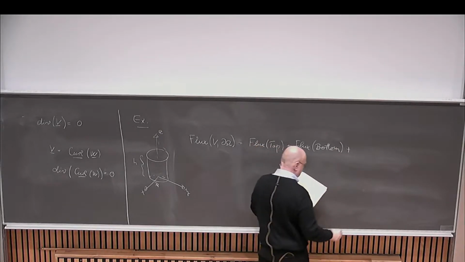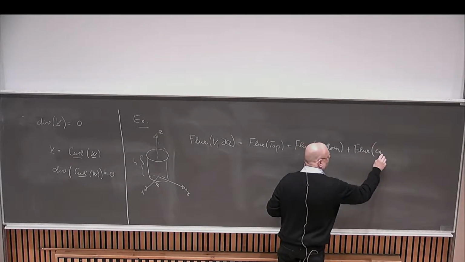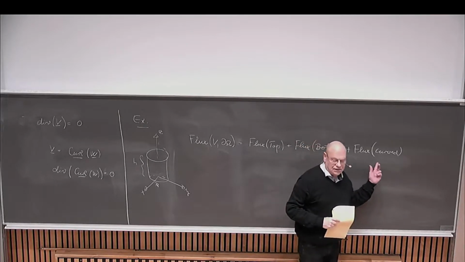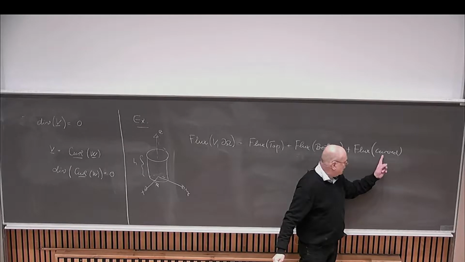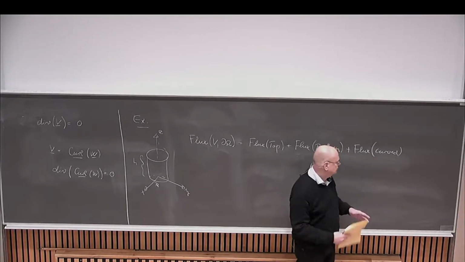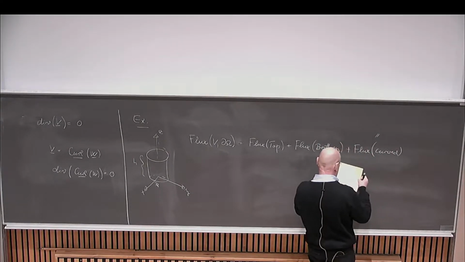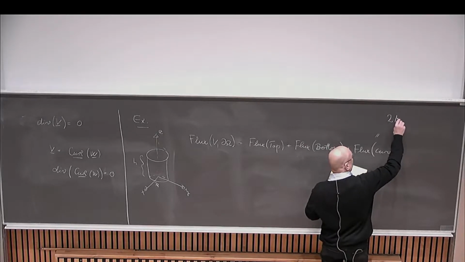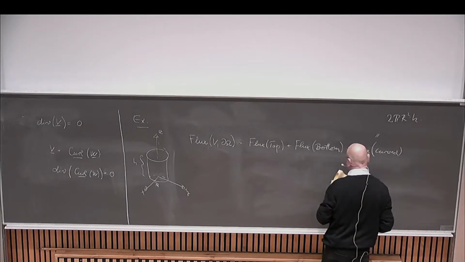And then finally, I get a flux of the curved surface. Previously, in this example that is on the back blackboard, I computed this. I can write it down here. It is 2 pi r squared h.